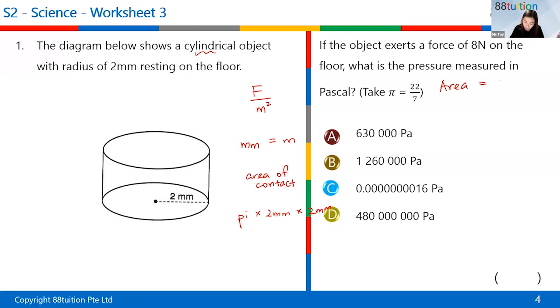So area of circle, you take pi times r squared. If we follow this method that Hao Lun suggested, pi, we are taking 22/7, multiplied by 2, then multiply by 2 again. Then what do you have?